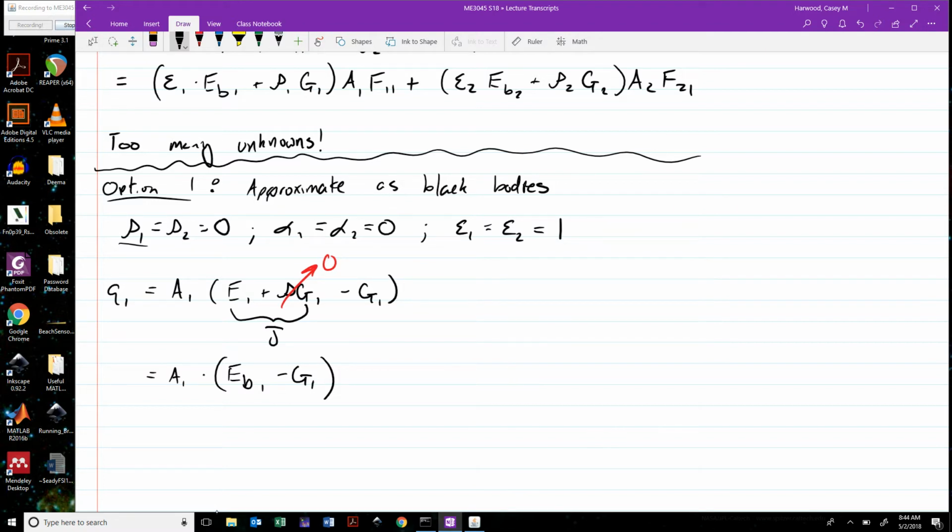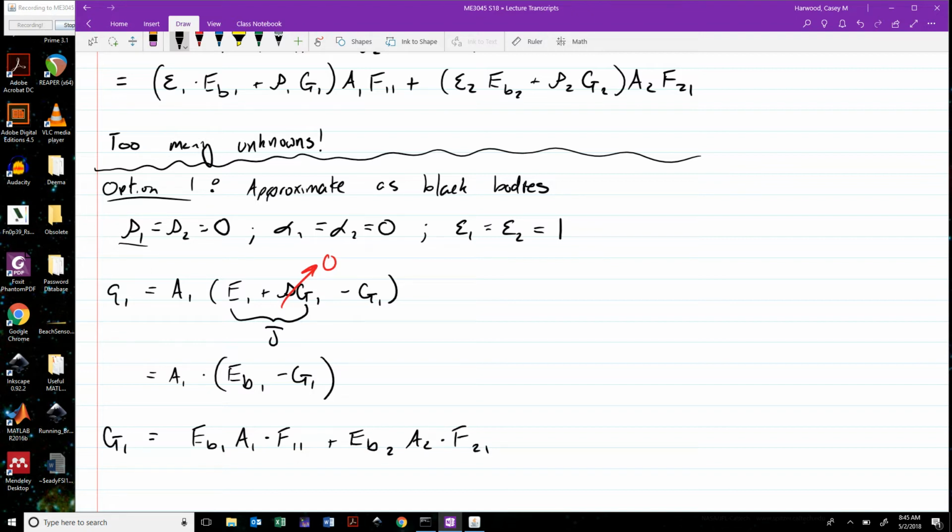Now if we try to solve for G1 so that we can express that hopefully in terms of stuff that we actually know, we can say G1 is equal to the black body radiation from 1 times the view factor from 1 to itself, plus the black body radiation from 2 times the view factor from 2 to 1.